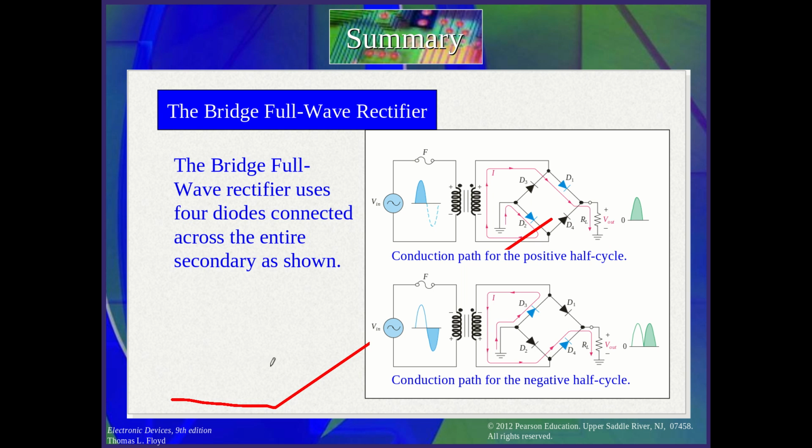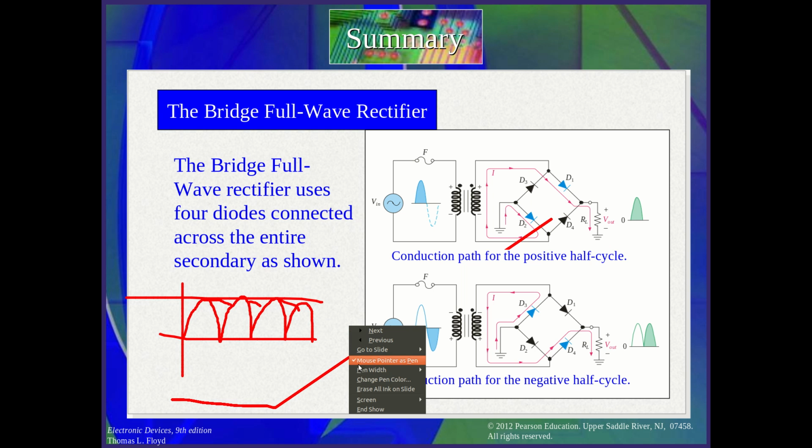However, as you remember, DC is like this. It's a line, not like half circles or half cycles like this. So we need something that smooths these ripples, these tops, to convert it to one line.